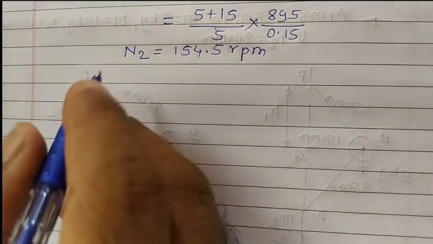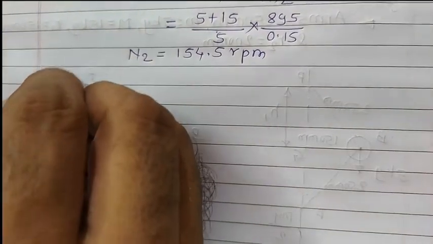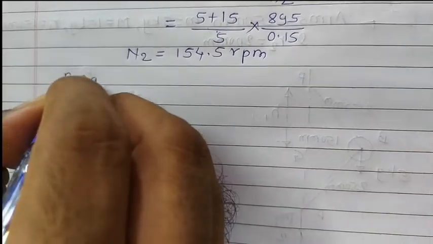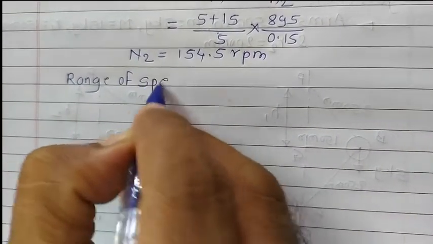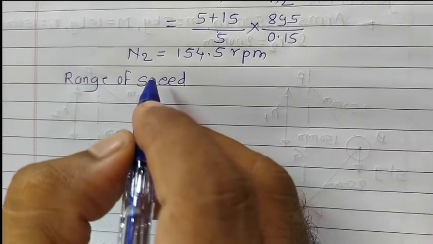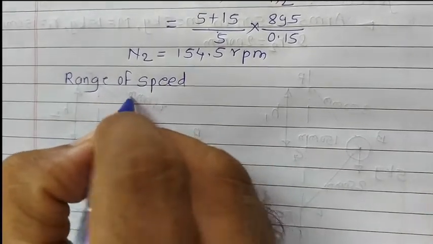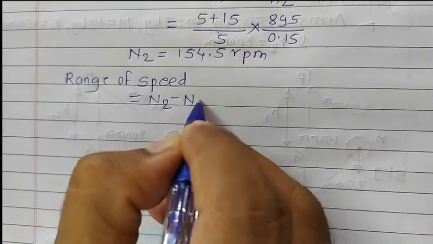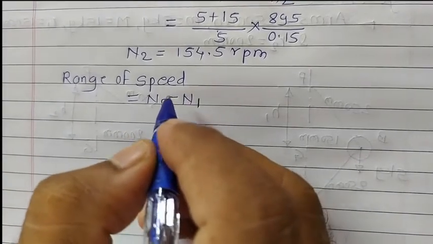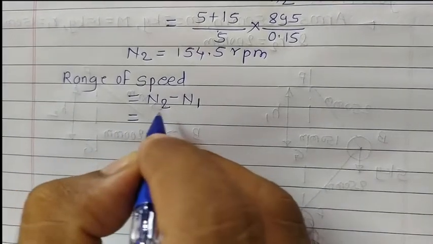So speed range is nothing but the difference between the speed corresponding to the maximum position and the minimum position. Substitute the value of N2 and N1 here.